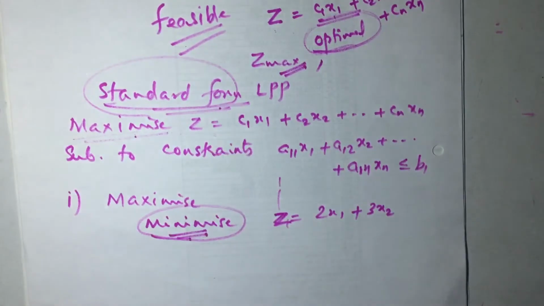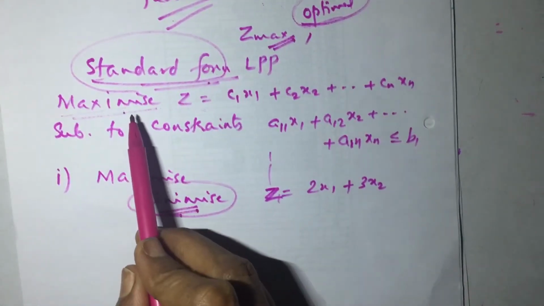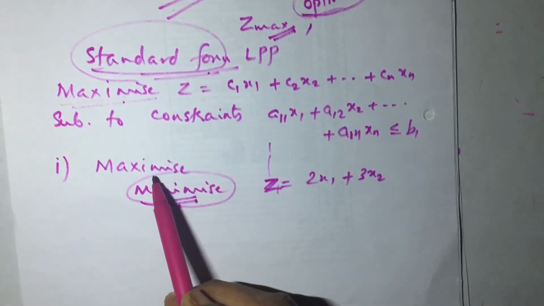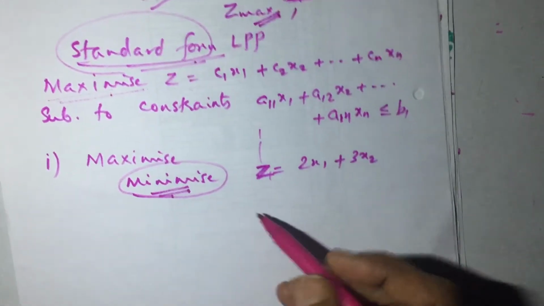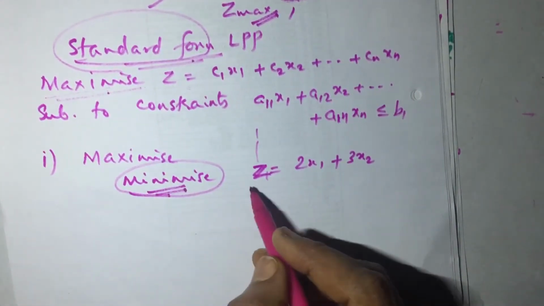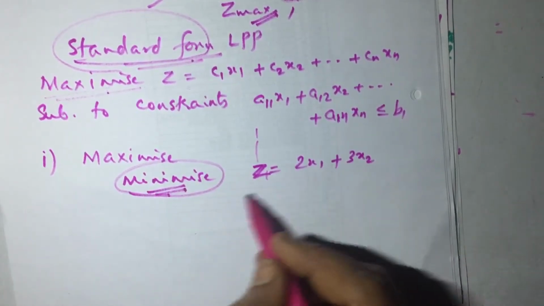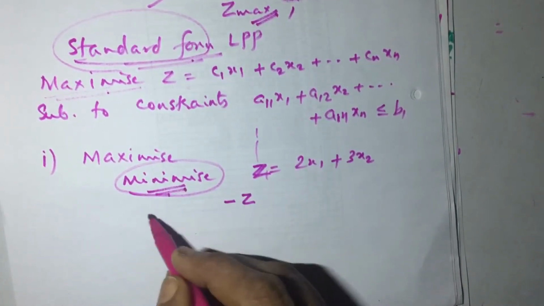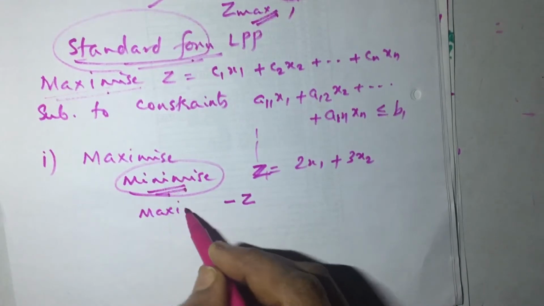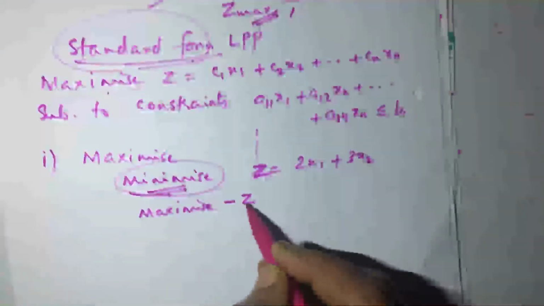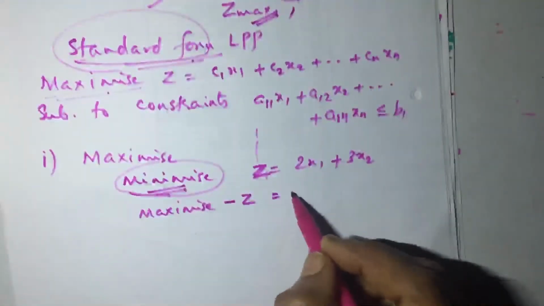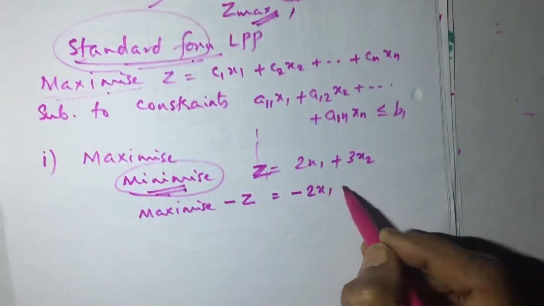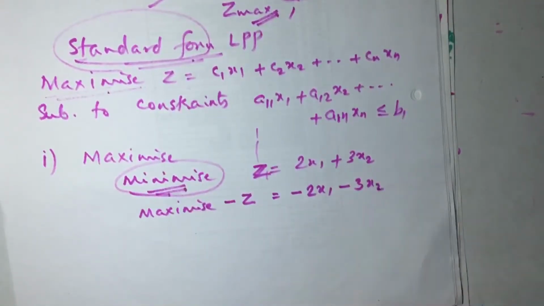Okay, so to write the standard form of an LPP, the objective function should be of maximization type. If it is minimized, then I multiply it with minus 1, so it becomes maximize negative z equal to negative 2x1 minus negative 3x2.